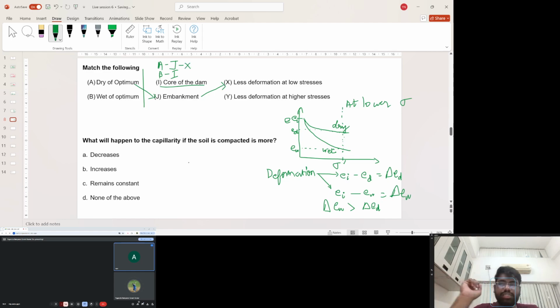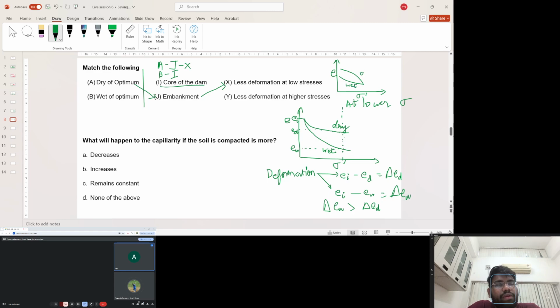Now coming to the higher stresses, this will be the ideal behavior. This will be for dry, and this will be for wet.